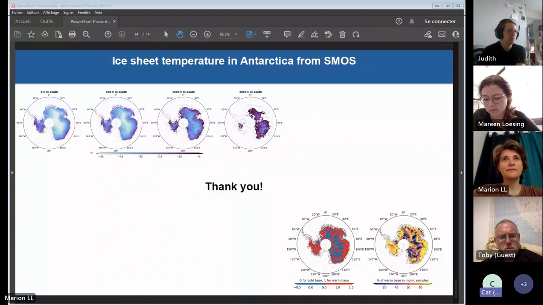And in the emulator, there is no real impact of the amount of basal melting.